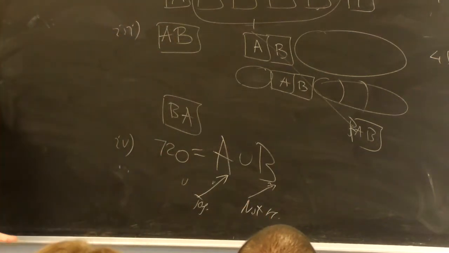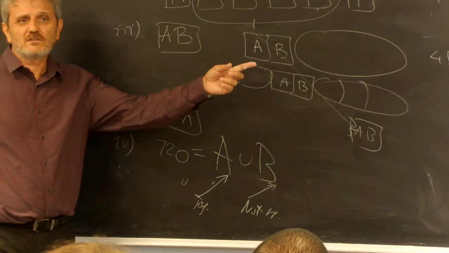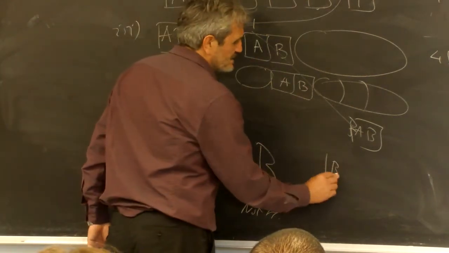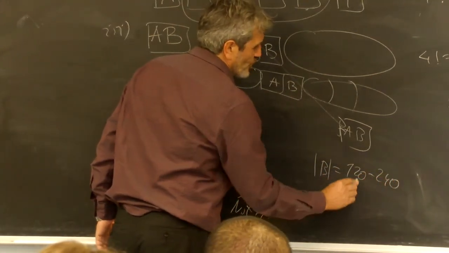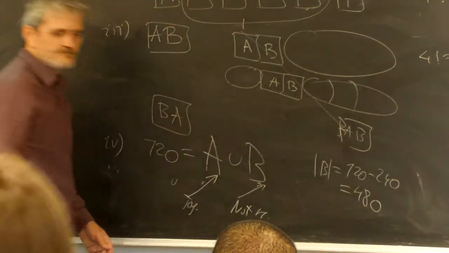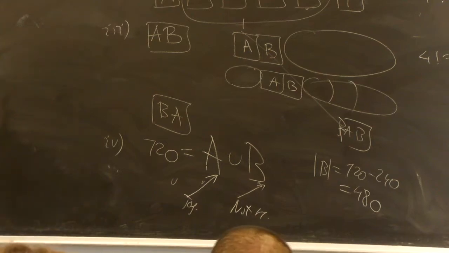There's no overlap, so then what happens? If I count those that are together, that we know are what? 240, and I remove, so I get what? Cardinality of B is 720 minus 240, and that will be 480. And that was the case.